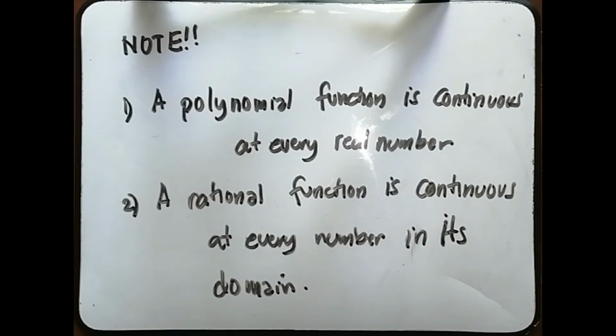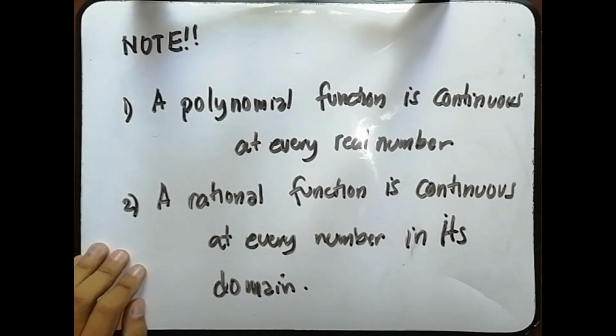So, before we continue, these are very important notes. First, a polynomial function is continuous at every real number. So, ibig sabihin, for as long as polynomial siya, alam na natin na continuous na siya. So, no need to check. And second, a rational function is continuous at every number in its domain.